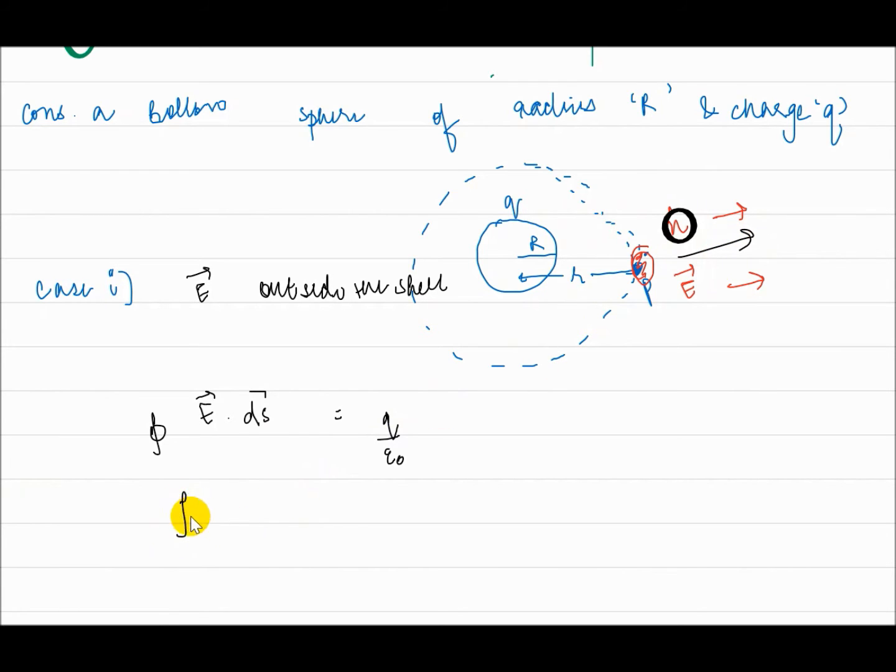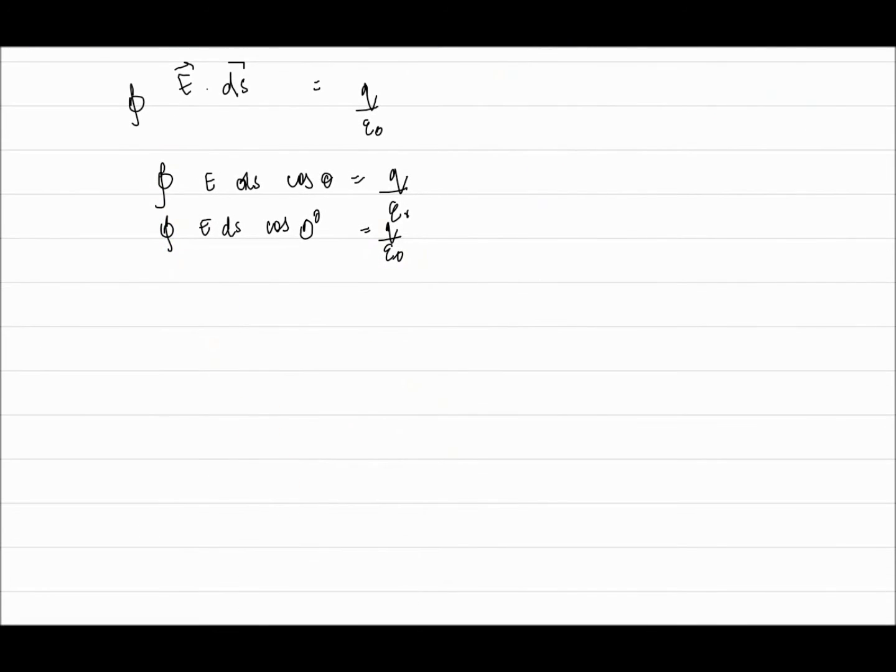So we'll write it as E ds cos theta is equals to q by epsilon naught, and E ds cos 0, as they are in the same direction, is equals to q by epsilon naught. So we get E integration of ds is equals to q by epsilon naught.